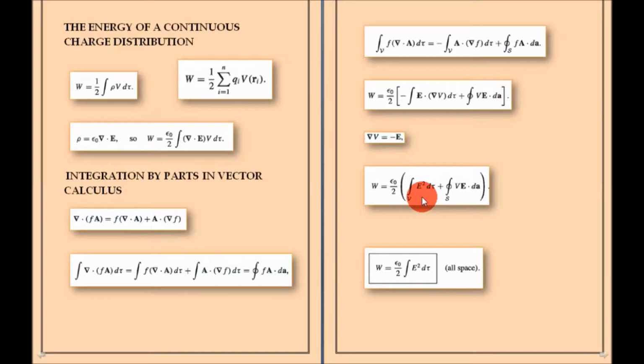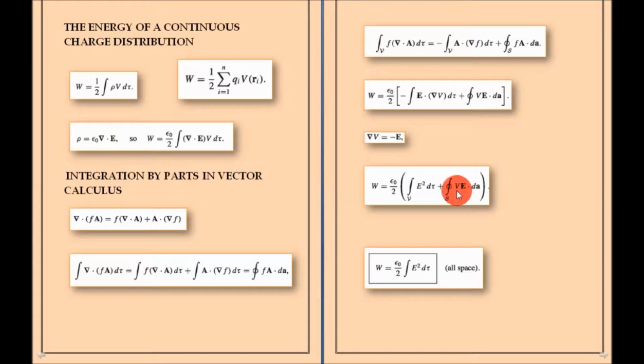Well, the integral of E squared can only increase because the integrand is positive. As a result, the surface integral must decrease to leave the sum intact. In fact, at large distances from the charge, E goes like 1 upon r squared, V goes like 1 upon r.